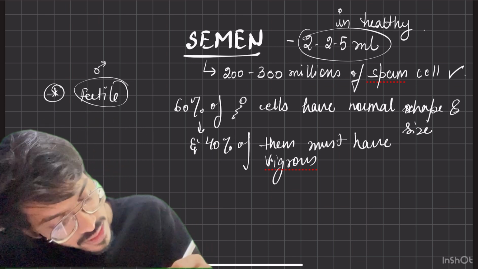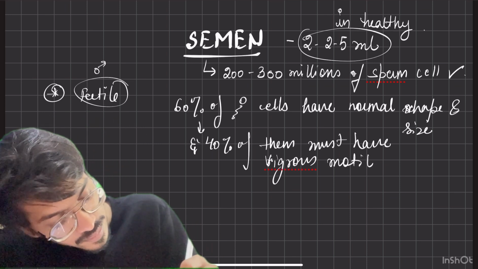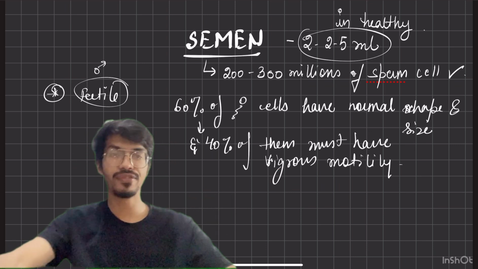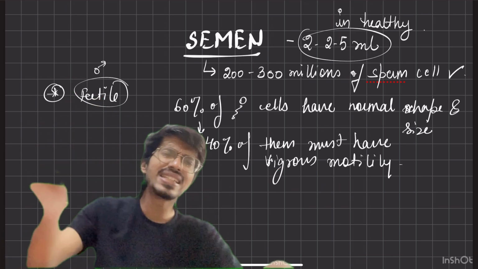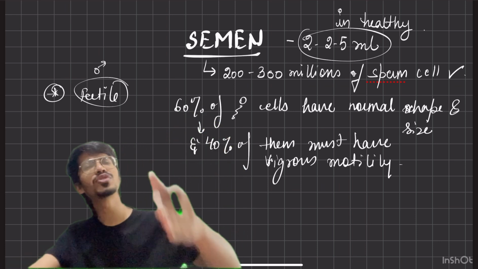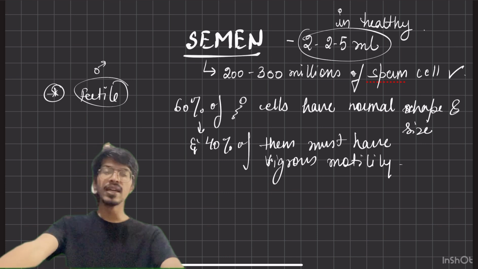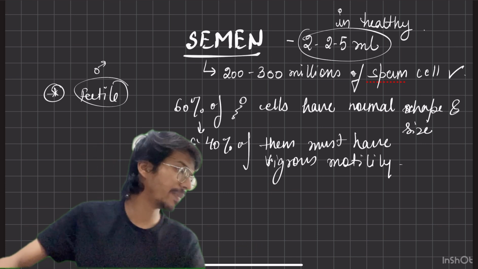Vigorous motility. The next thing we have to remember is that every day the male produces 100 to 200 million sperm in the testes. So this thing we have to remember.